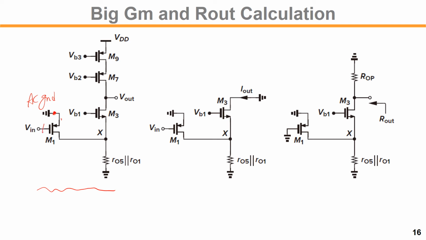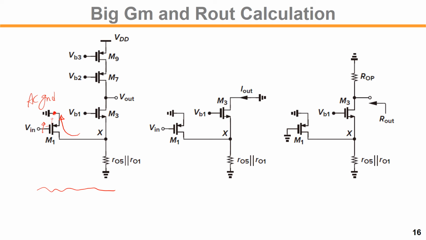If the voltage goes up, then the current through this transistor, VSG will go down, so the current will diminish, right? So the current flow will go up like this, right?